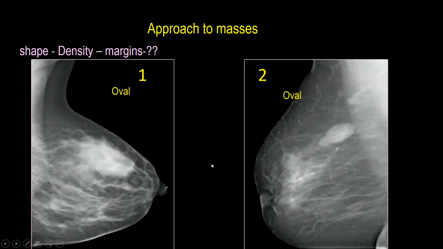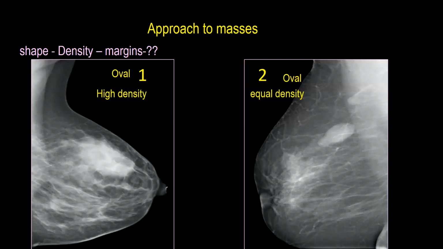Both are oval shape. But what about the density? One is high density, two equal density. Excellent. Two equal density, one high density.